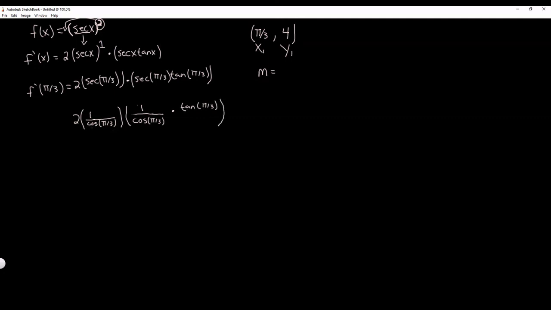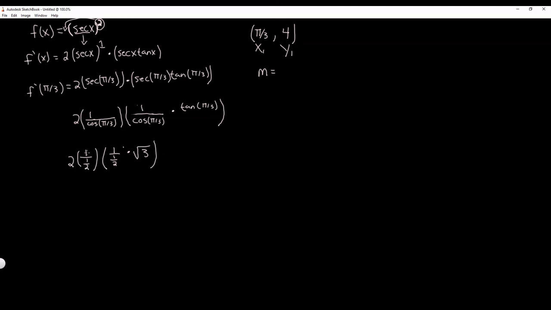So cosine of pi thirds is equal to 1/2. You can look on the unit circle to verify, but cosine of pi over 3 is 1/2. So this is going to be equal to 2 times 1 divided by 1/2 times 1 divided by cosine of pi thirds, which is 1/2 again, times tangent of pi thirds, which is actually the square root of 3.